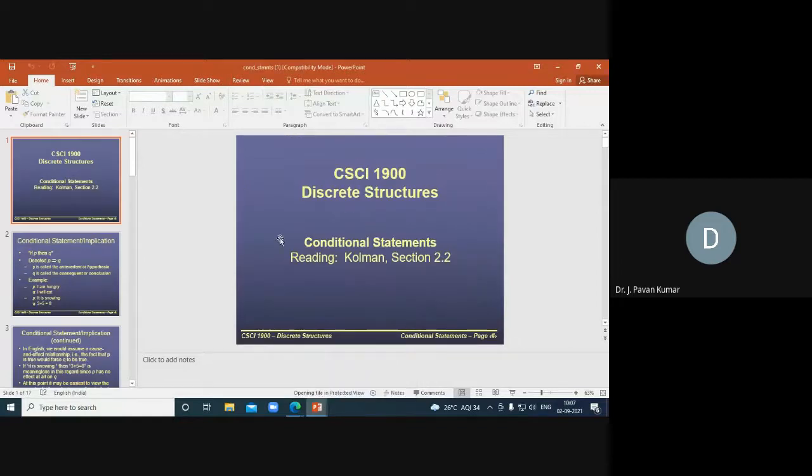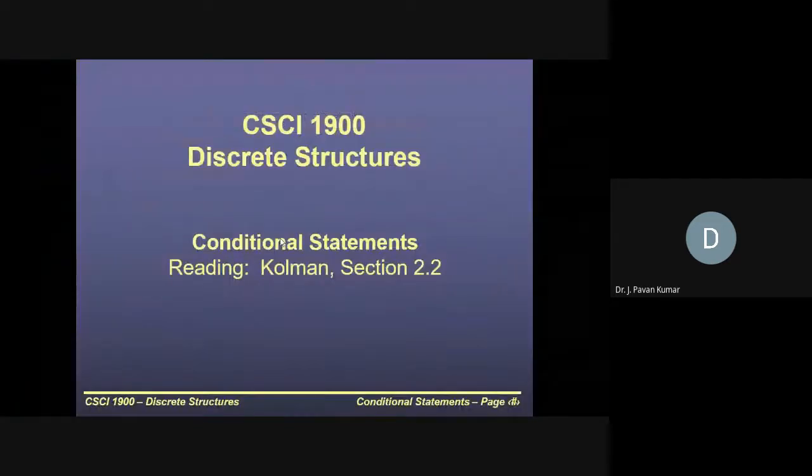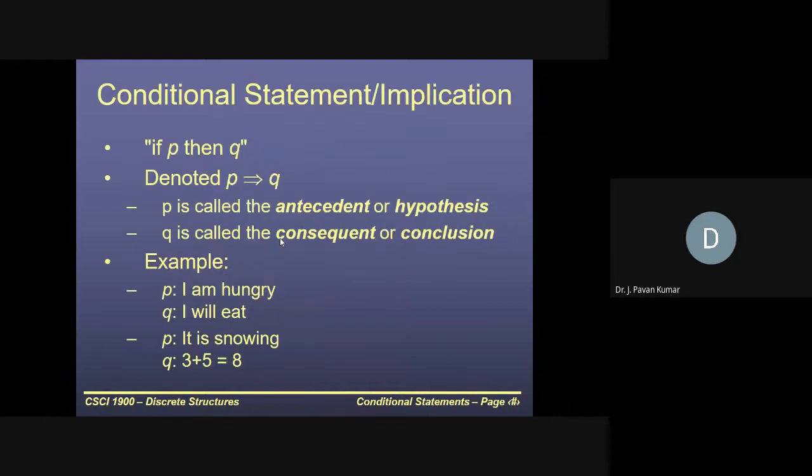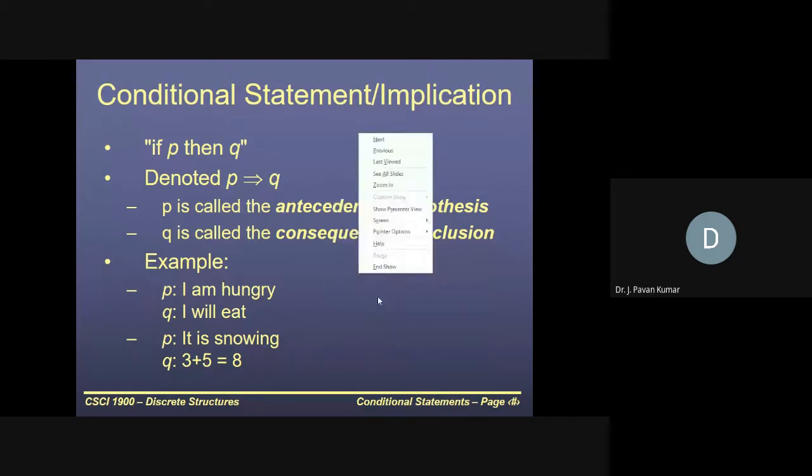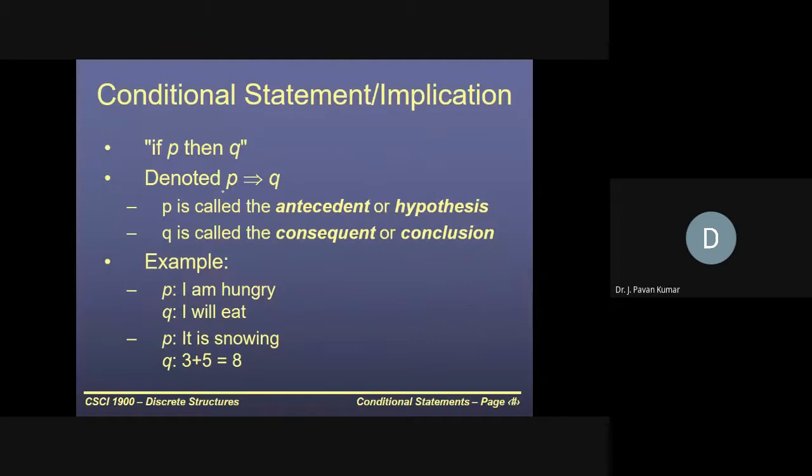You know the implication, right? Like conditional statements, we will be having two statements, p and q. If p is true, then q is also true, and we will denote that with p implies q. Now you consider p implies q.